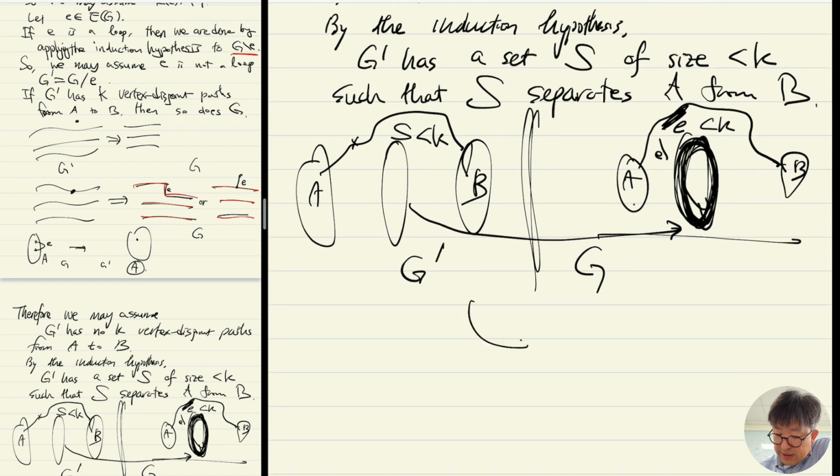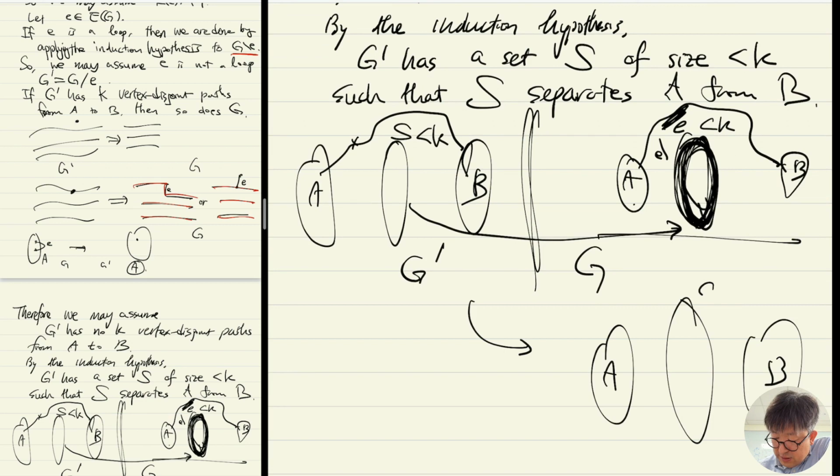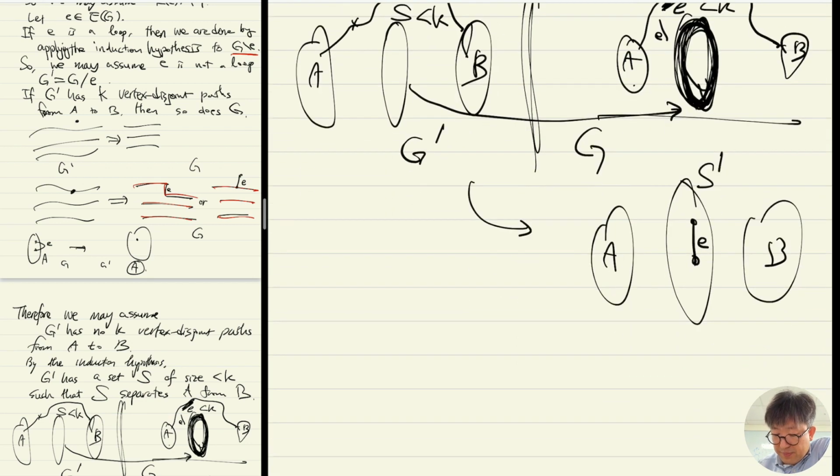Okay, so what does that mean? So let's say this is S prime, both ends of E are in S prime.